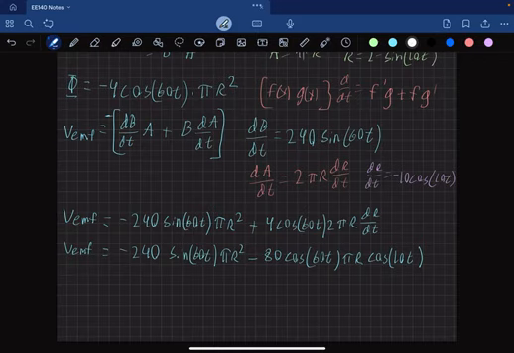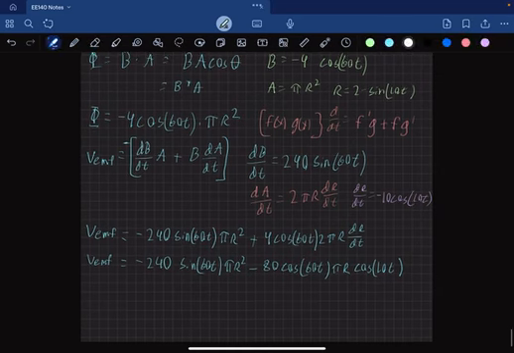Now, first let's go with Faraday's law. Faraday's law tells us that if there is a changing magnetic field, this will cause an induced current to appear. And Lenz's law tells us that a system wants to object to change. So if there is a change in magnetic field, there will be an induced magnetic field that will oppose that change. Same with current. Now, how do we find this?